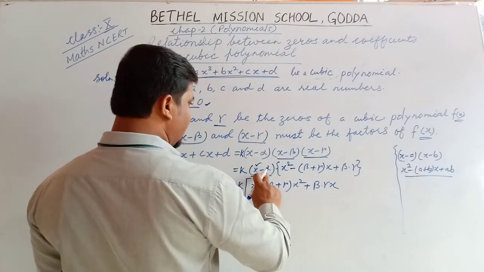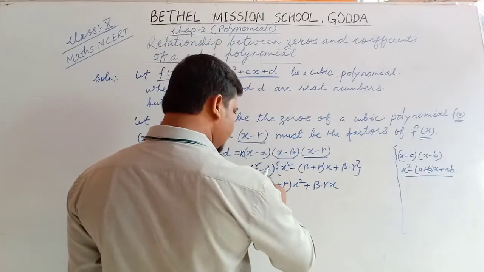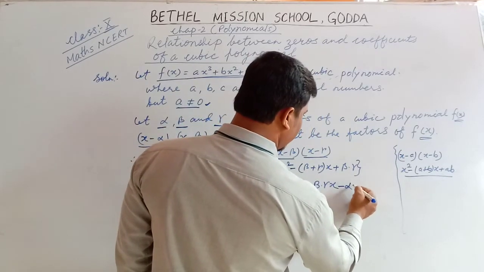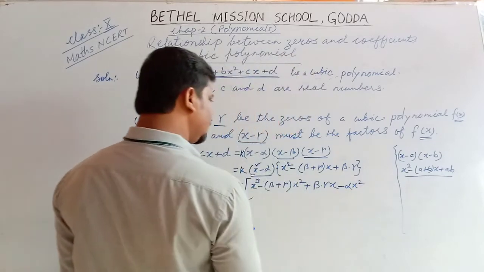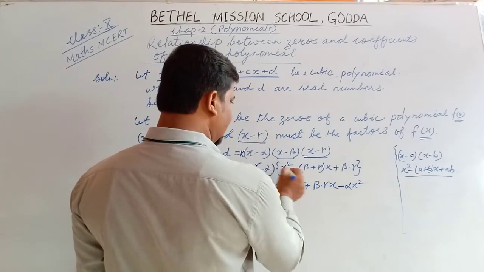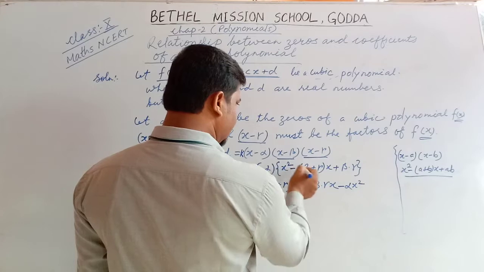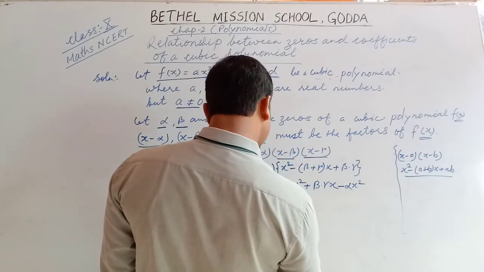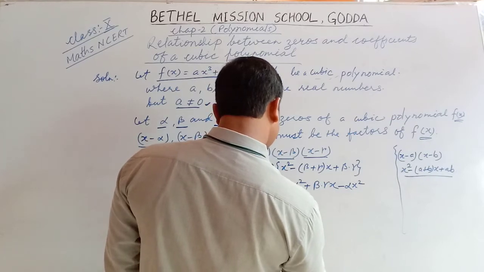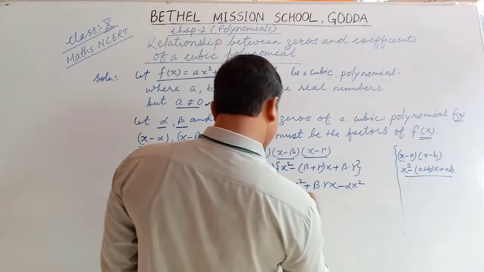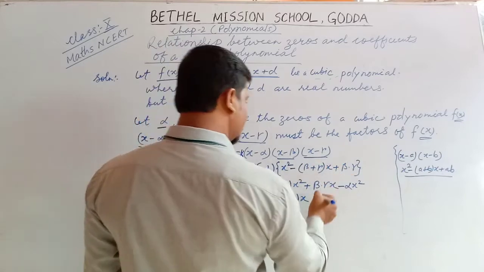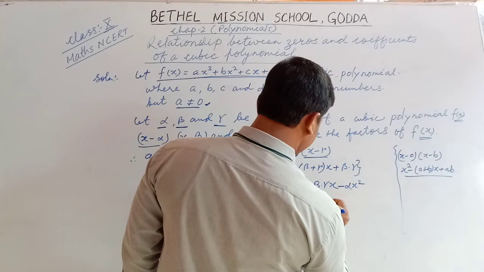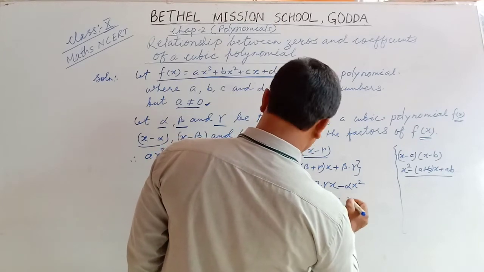After that we multiply by minus alpha: minus alpha x square. After that, minus into minus plus, alpha into beta plus gamma x, and minus into plus minus, alpha beta gamma.